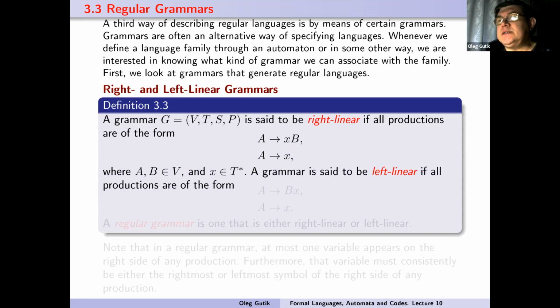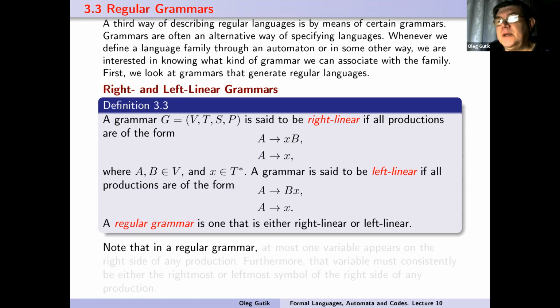A grammar is said to be left linear if all productions are of the form A to Bx and A to x. A regular grammar is one that is either right linear or left linear.